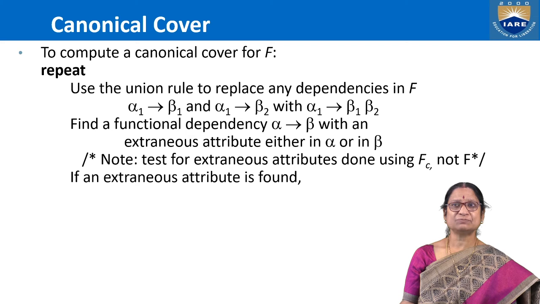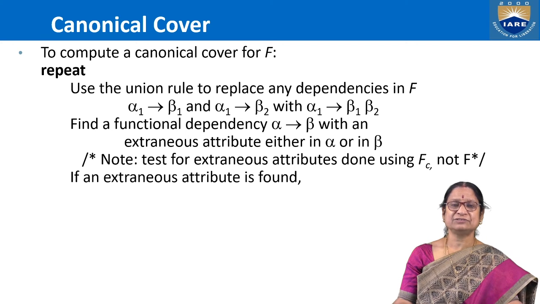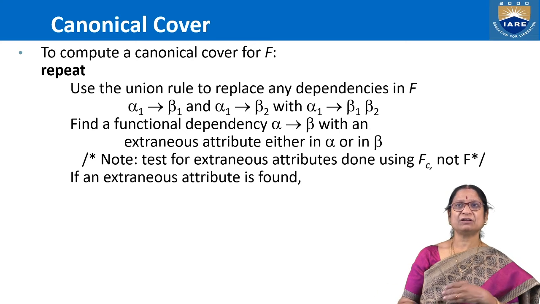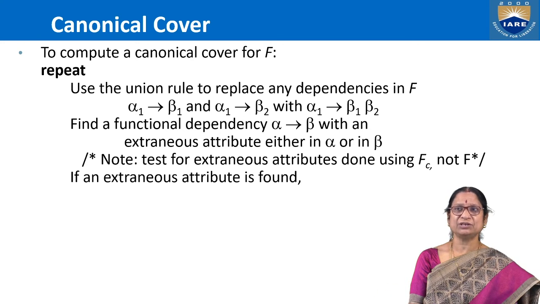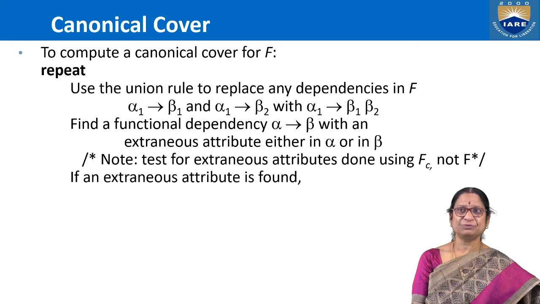So how to compute? A small algorithm which I discussed just now is represented in terms of steps. Use the union rule to replace any dependencies in F, that is, alpha 1 determines beta 1 and alpha 1 determines beta 2. Then you can write the union and find the functional dependencies. Then find a functional dependency, alpha determines beta, with an extraneous attribute either in alpha or beta by using the test which we discussed earlier.